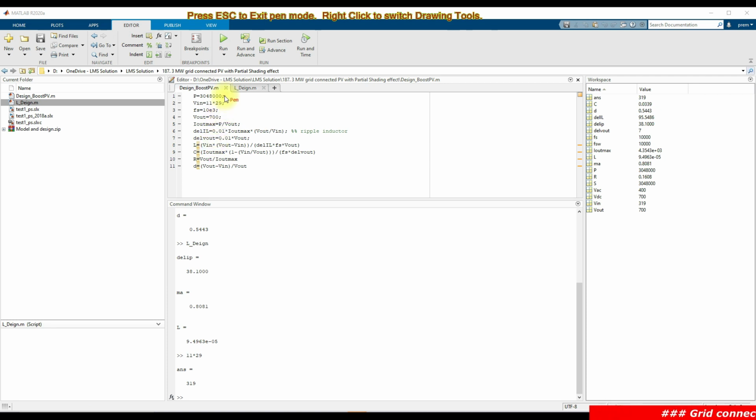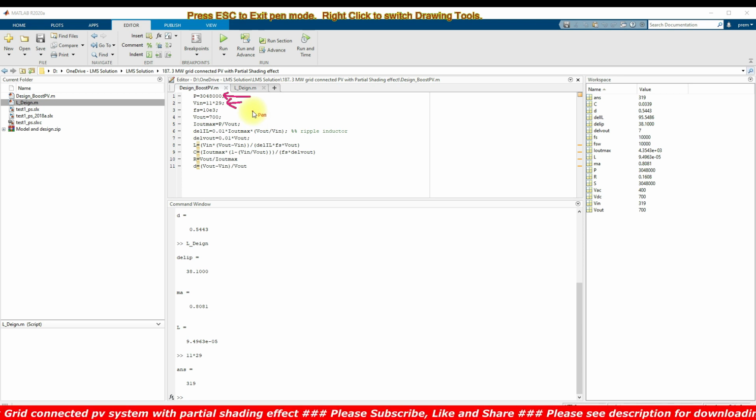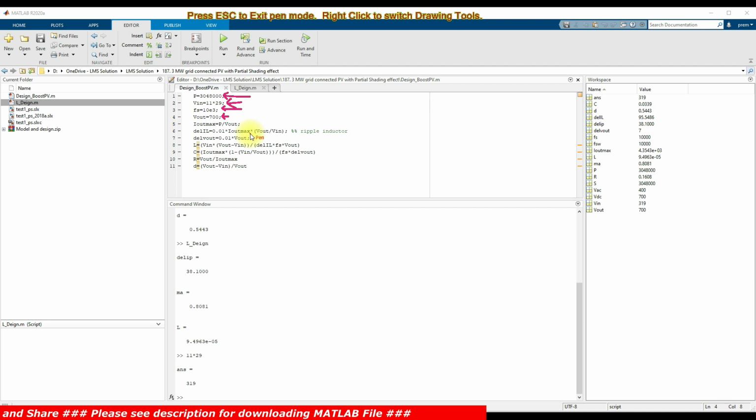You can see the power of the PV is around 3.048 megawatt, the input voltage from the PV is 11 times 29, the switching frequency is 10 kilohertz, and the output voltage of the boost converter is 700 volt.